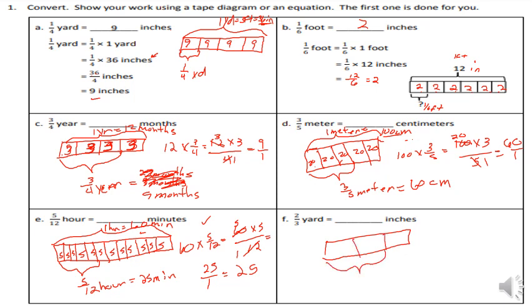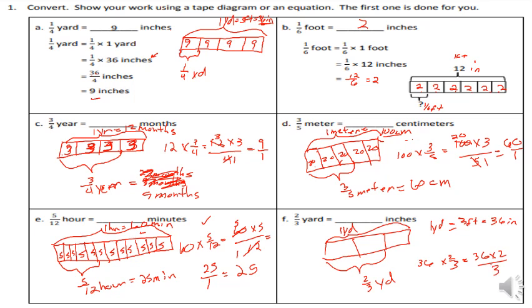Our last one here, it says thirds, so we're going to split it into thirds, and it wants to know 2/3 of a yard. And it means the total is 1 yard. And I want inches, and I know 1 yard equals 3 feet, which equals 36 inches. So we're going to have 36 times 2/3, which equals 36 times 2 over 3.